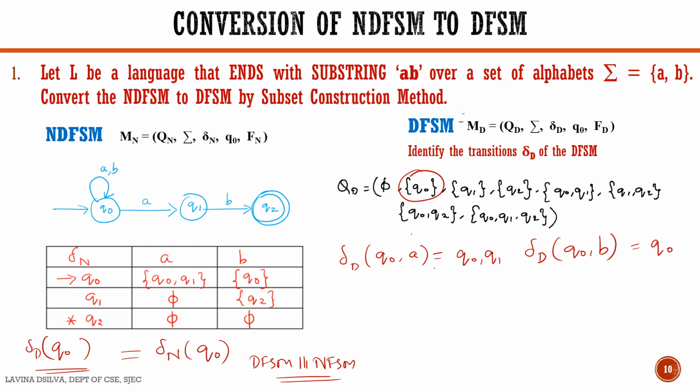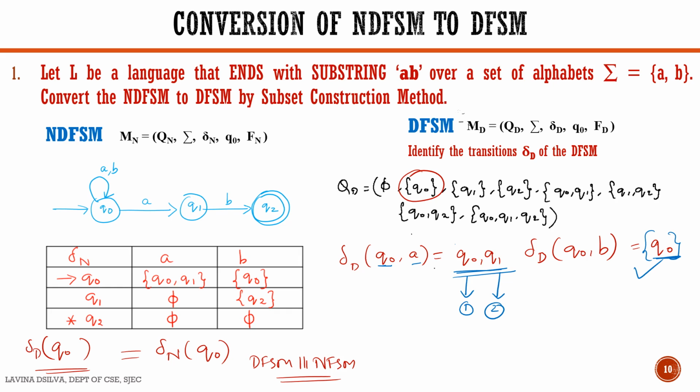But we know that under DFSM, we have to go to only one state at a time. So this is fine. The state transition on B is fine because we go only to one state. Whereas Q0 on receiving A goes to 2 states. This is one state and this is the second state, which is not possible under DFSM because on an input it should go to a single state.